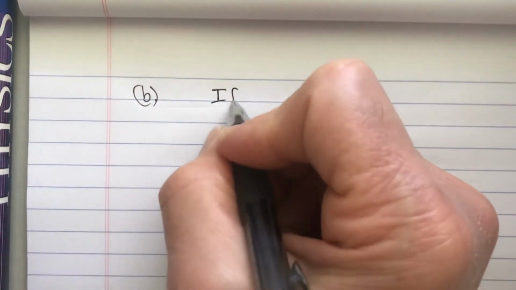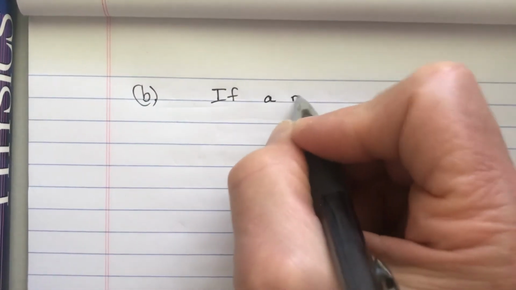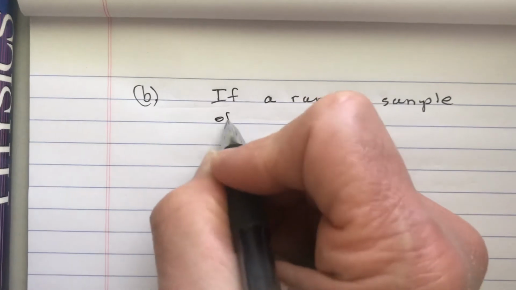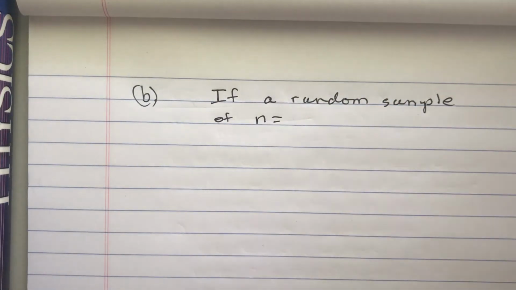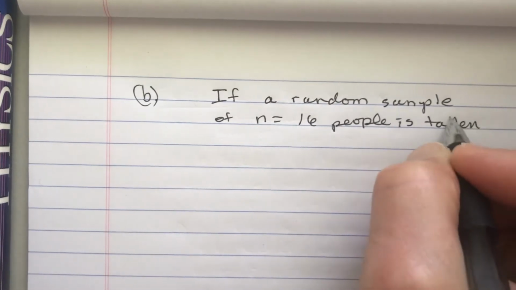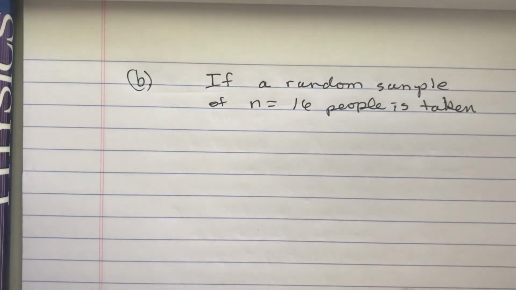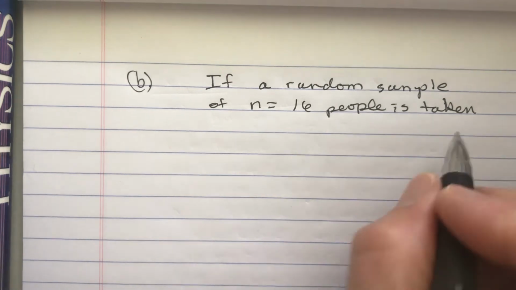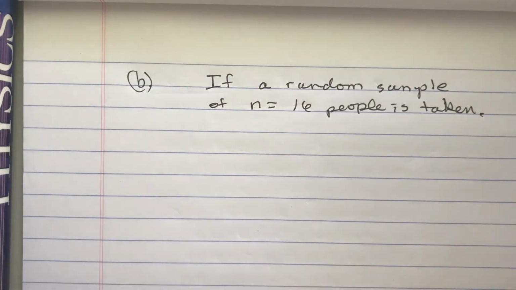Now, part B is, suppose we take a random sample of n equals 16 people. Now here n is not greater than or equal to 30, but our underlying population is a normal distribution, so 16 should be fine to assume that our sample mean will be normally distributed also.